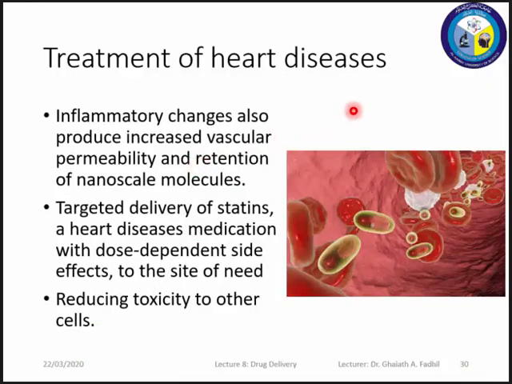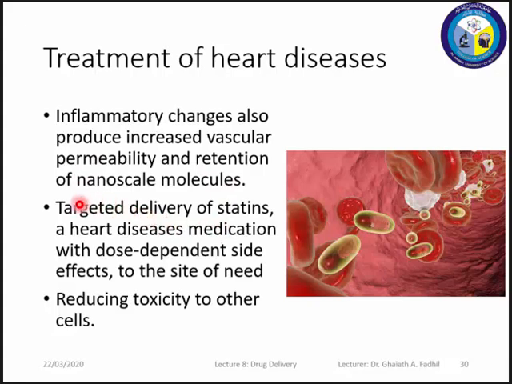The other kind of treatment is the treatment of heart diseases. Inflammatory tissues or vessels have similar properties to tumors. They always have this oxygen demand that notifies us about the location.